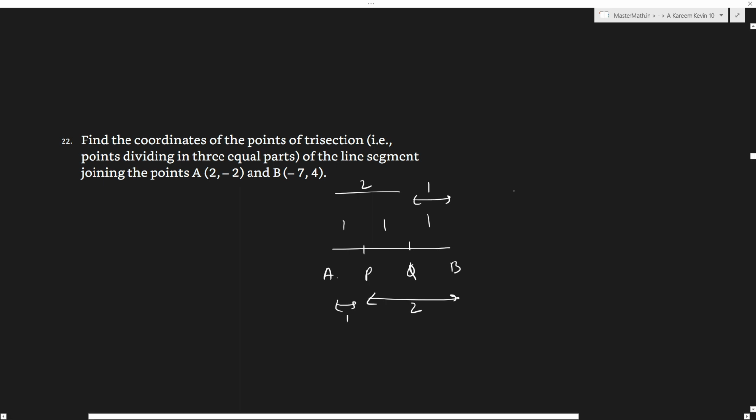Tell me P and Q. Sir, for P I got minus 1 comma 0, sir. And for Q I got minus 4 comma 2, sir. Same answer. Good.